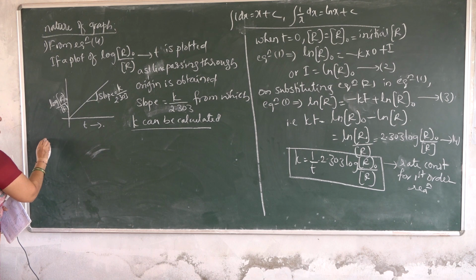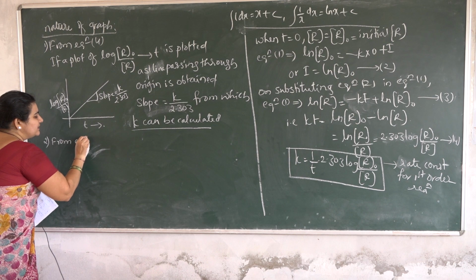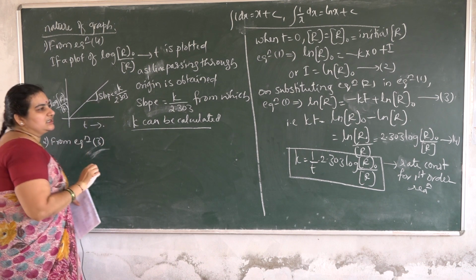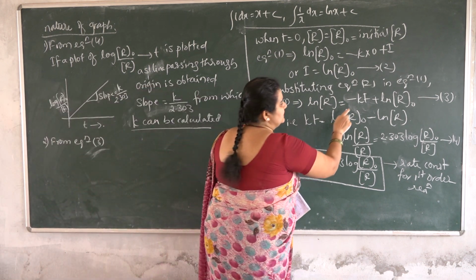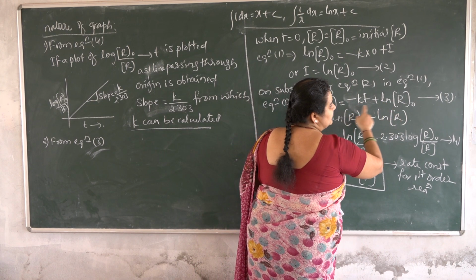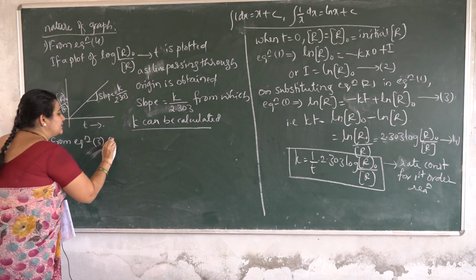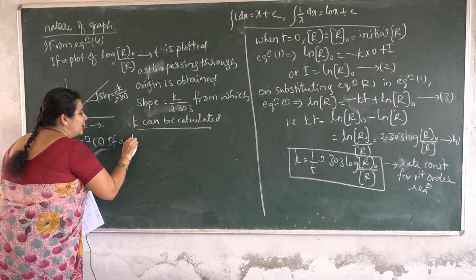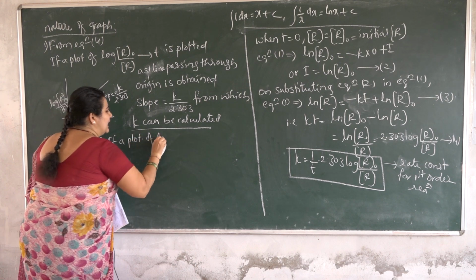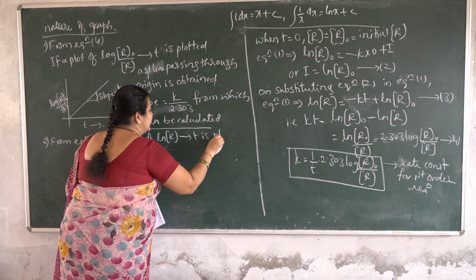Now the second graph, from equation 3. So see here, from equation 3, if a plot of ln R versus time is plotted.